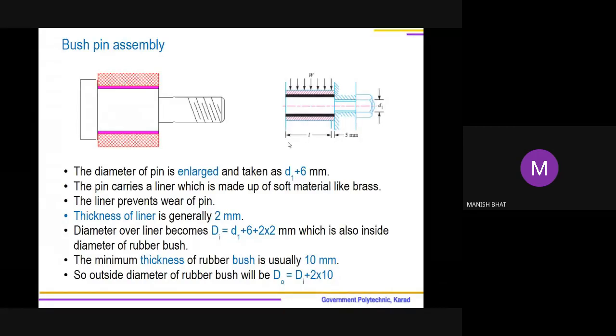So when this is a driver flange, as the driver flange rotates, the bush is going to transmit power via this friction to the other flange. So the bush is a transmission element and the pin is going to support this bush.